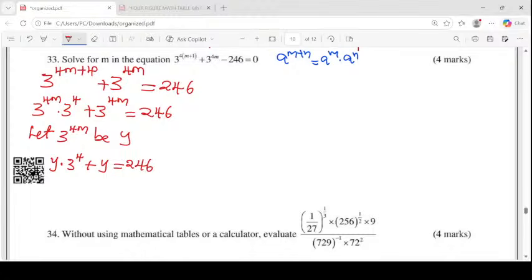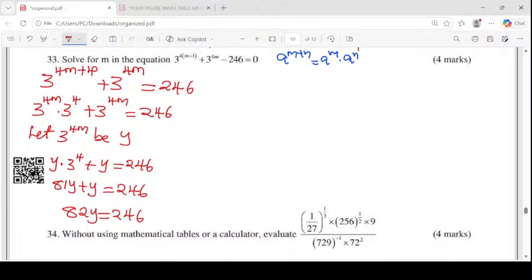What is 3 power 4? 3 to the power of 4 is 81. So this is 81y plus y equals 246. 81y plus y becomes 82y equal to 246.